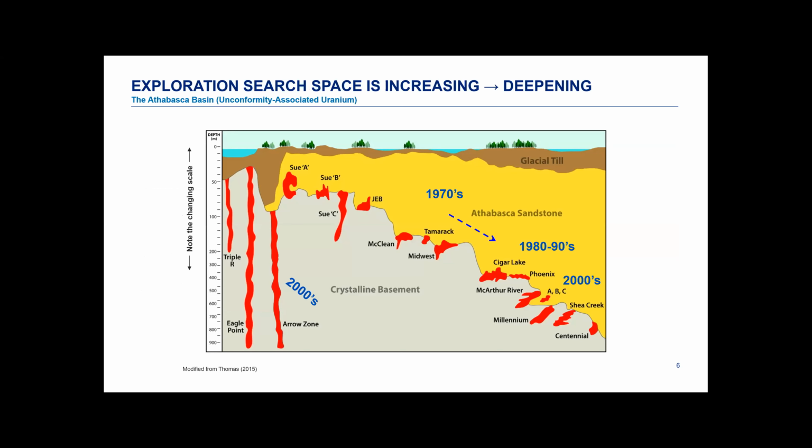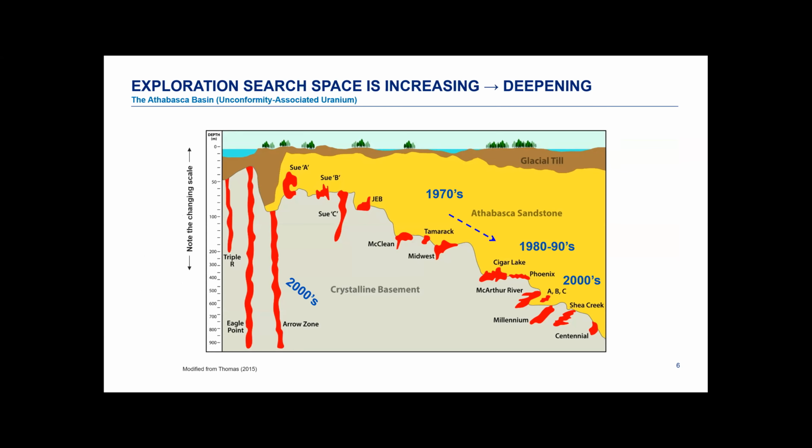A great example of increasing the search space, and I guess specifically in mineral exploration these days, we are really going undercover. I think most people would agree that most of the outcropping things have been found.